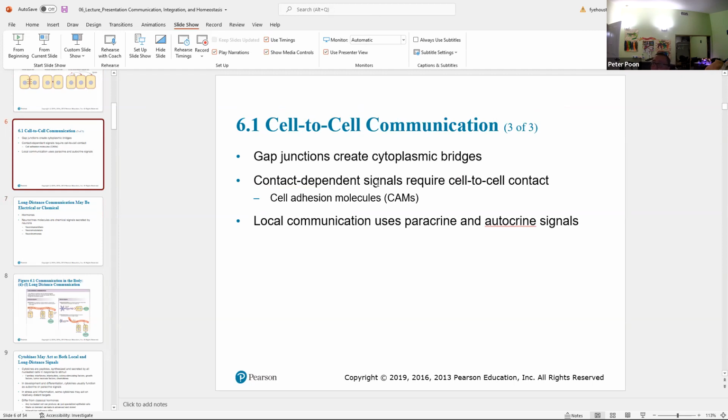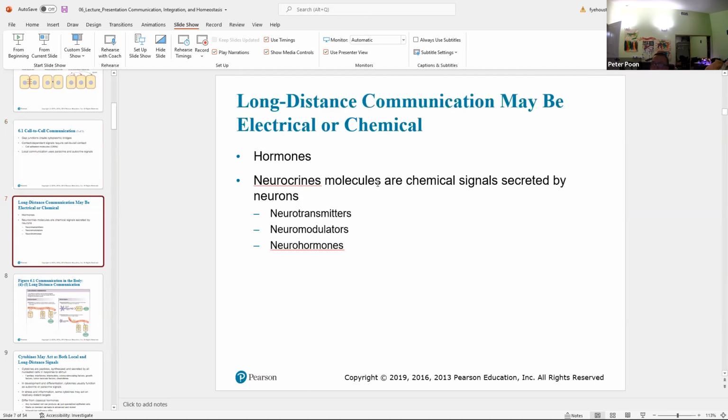So the contact-dependent signals are called CAMs, cellular adhesion molecules.